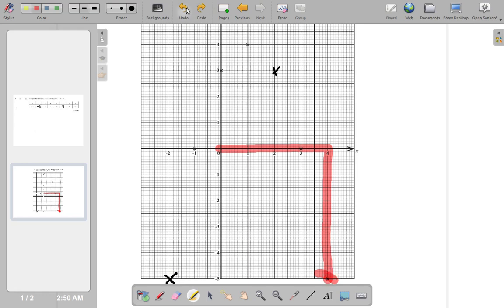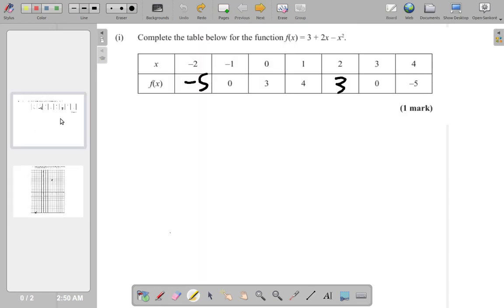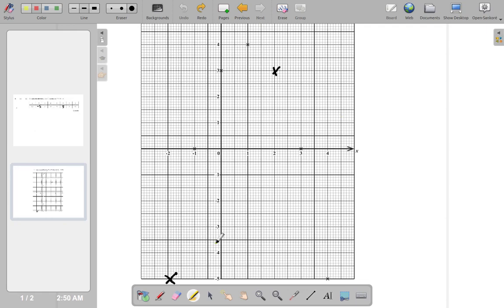Alright, so then what you're supposed to do is draw the curve through these points.